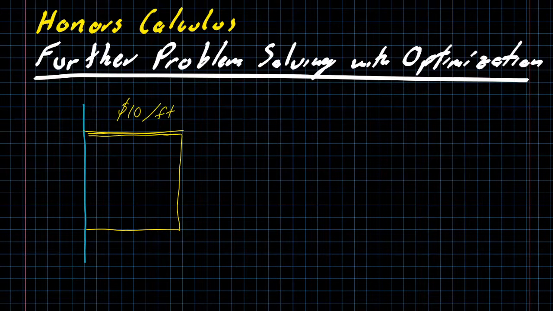The eastern wall and the southern wall are in some very rocky terrain. And so it's going to be a lot more work to set up a foundation that will hold the pen. The southern wall is going to cost us $15 per foot, and the eastern wall is going to cost us $25 per foot.